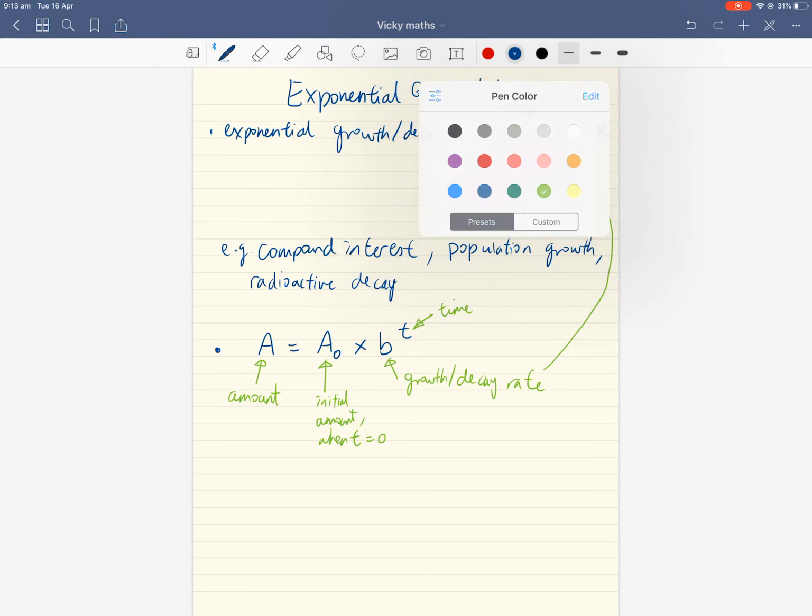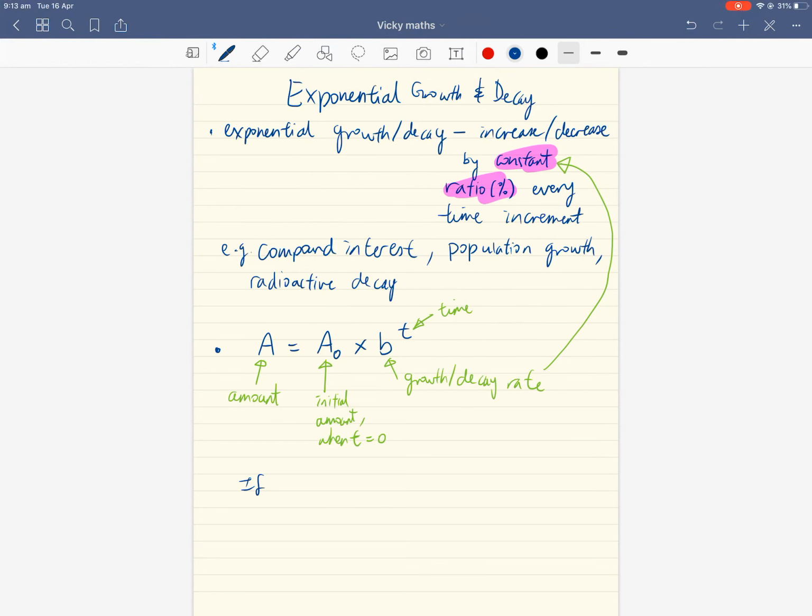If your rate or your base is bigger than 1, then it's exponential growth. And if your base is a value between 0 and 1, then it's a decay, so you're decreasing the amount that you have.